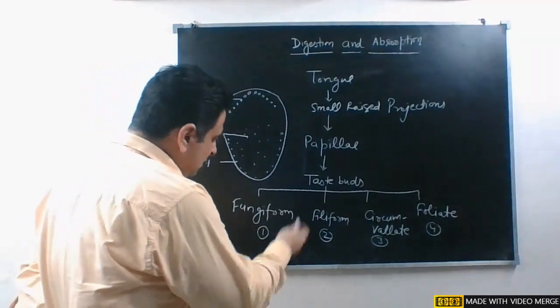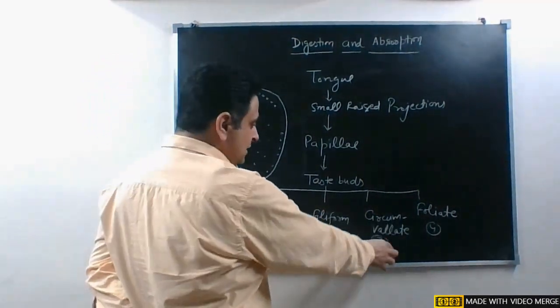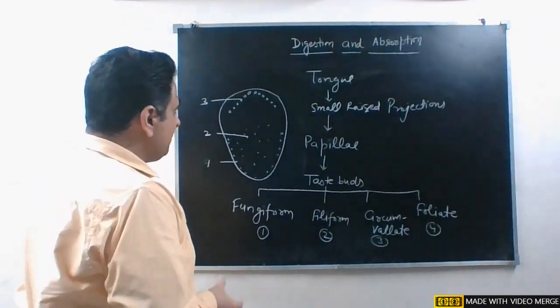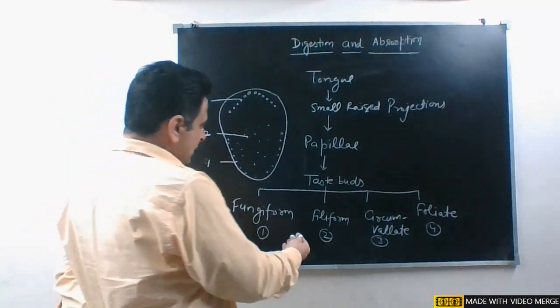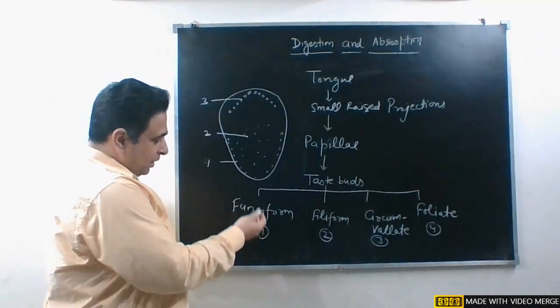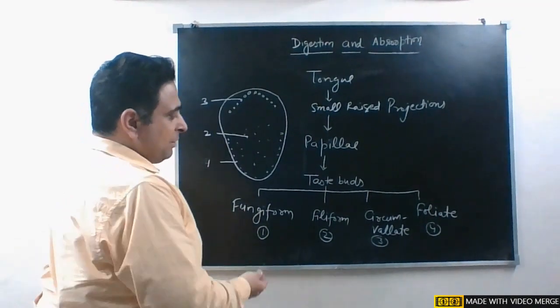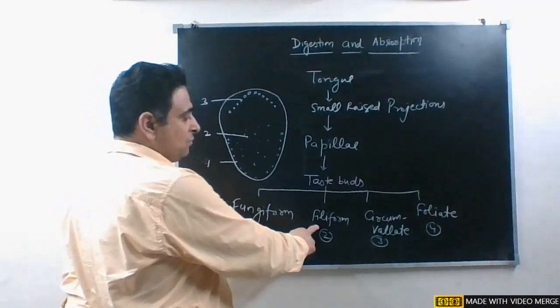So among the three types of papillae present in the human tongue, circumvallate are the largest and fewer in number, just 8 to 10, whereas fungiform papillae are quite large in number but fewer than the filiform papillae. The most abundant are filiform papillae.